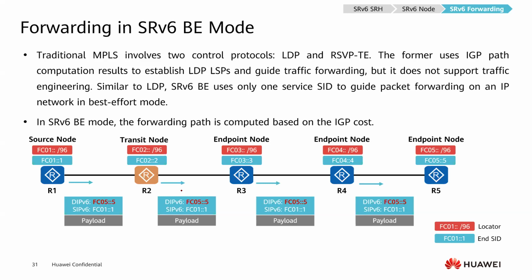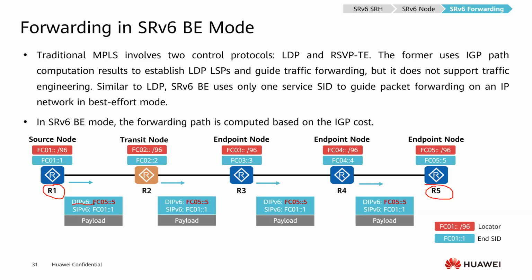Now, based on that routing table, let's look at how SRv6 BE and SRv6 policy do the forwarding. For BE, it will be very simple. Let's assume that from R1, I want to send a packet to R5.